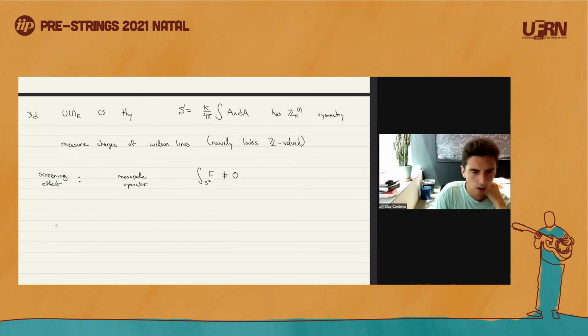Now, the Chern-Simons term, which of course is K A dA written up here, you can think of this as saying that the monopole operators have charge K. And these are dynamical.